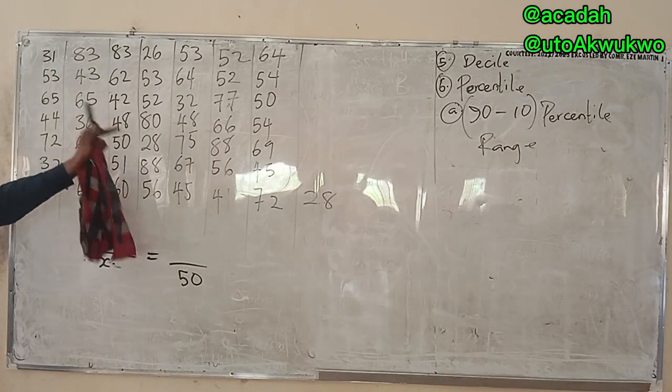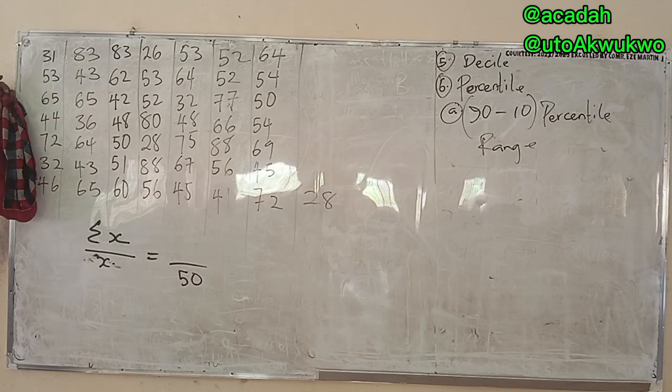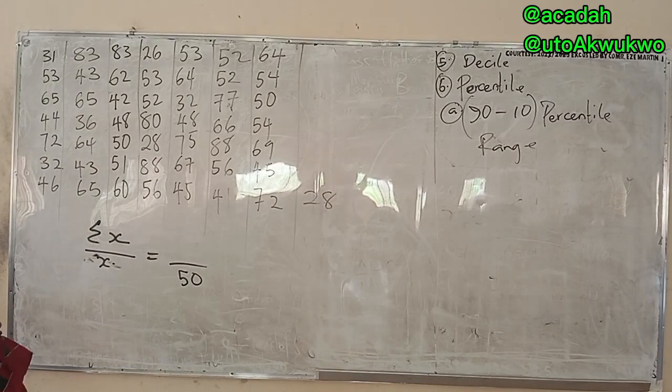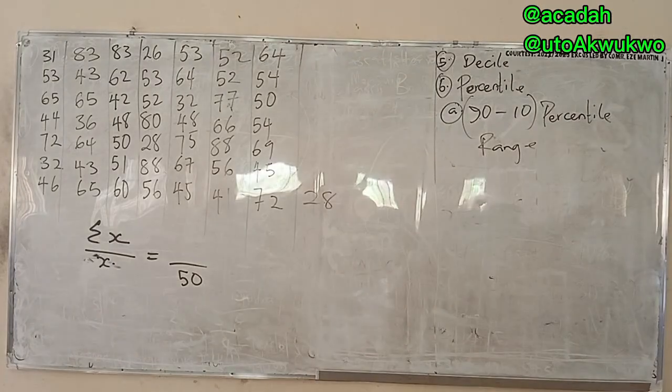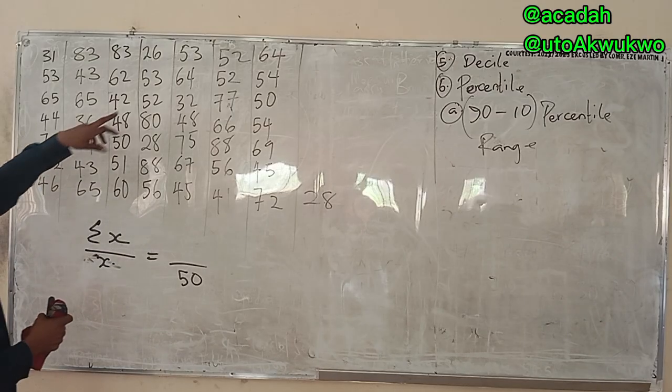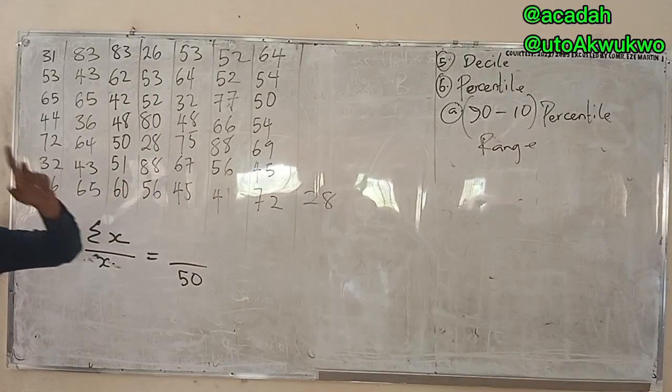This is not the right formula for this kind of question, because if you look at this very well, you see that we have, for example, 53 and 52 more than once.